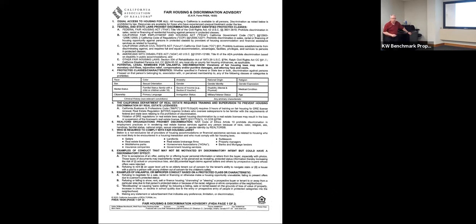Fair Housing and Discrimination Advisory. Very important, especially these days, because people are sue happy. We talked about not allowing buyer letters or buyer love letters anymore, and that's because of conscious and unconscious bias claims that are being made by parties who are unsuccessful in a multiple offer situation.